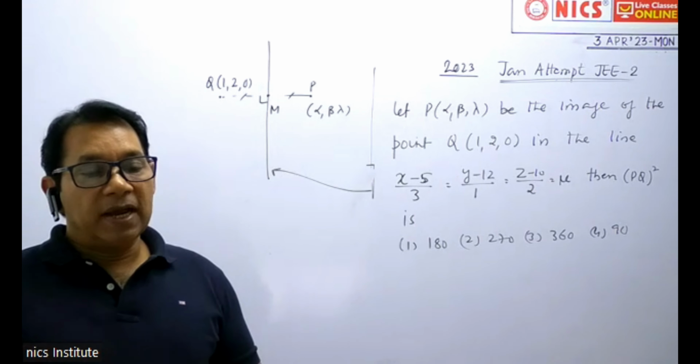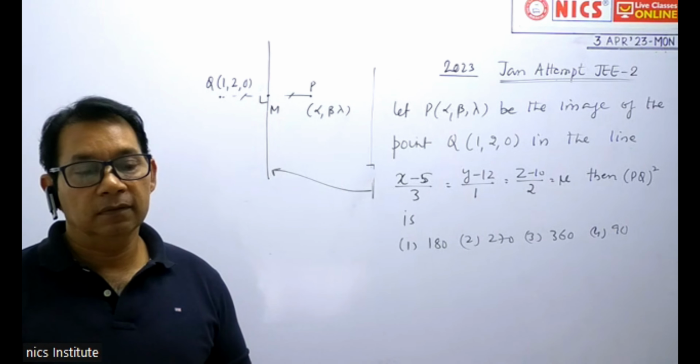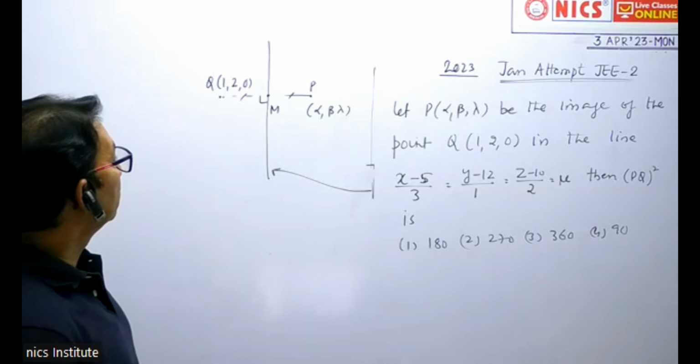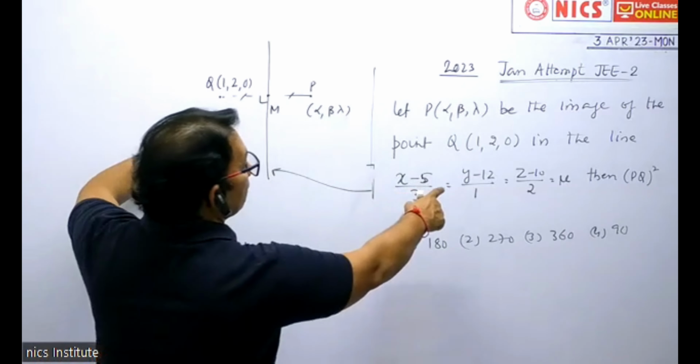M is a point which lies on the line, so you can find this point M in terms of mu.